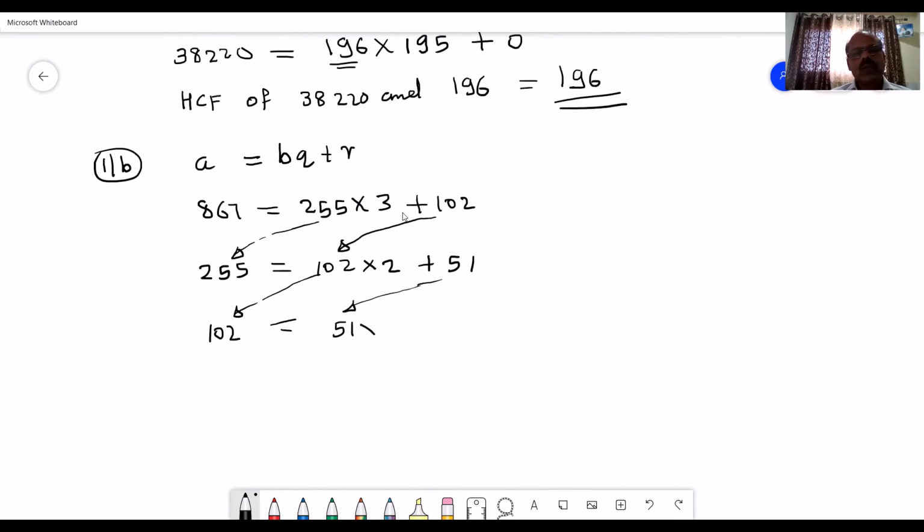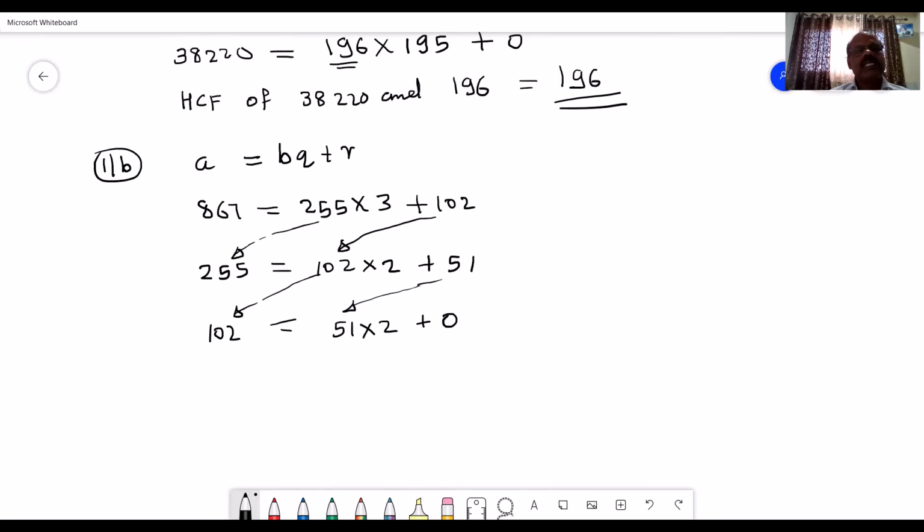It will go through 2 times, and 51 into 2 is 102, and the remainder we don't have anything. The remainder is 0, and in the last step you see the remainder is 0 and the divisor is 51. Note that the divisor is 51.